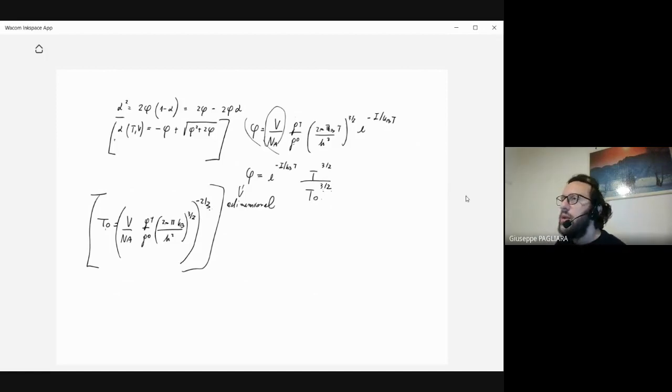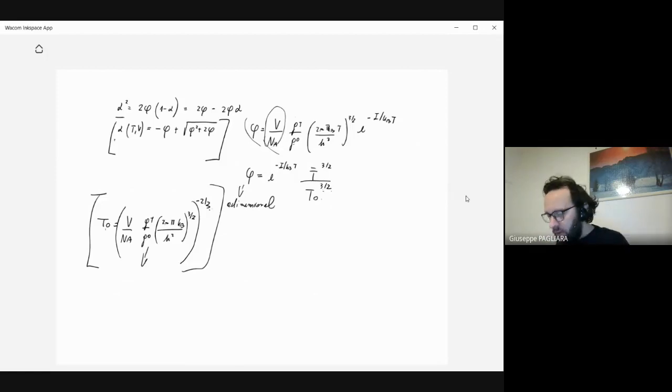So it's not only the ionization energy which is important, of course this was expected, but it is also important the ratio between the real temperature of the system T and this quantity T0, which was derived basically by considering the properties of the chemical species, because you have the density here of atoms, the degeneracy, and here just the mass of the electron. So this is a constant. Okay.